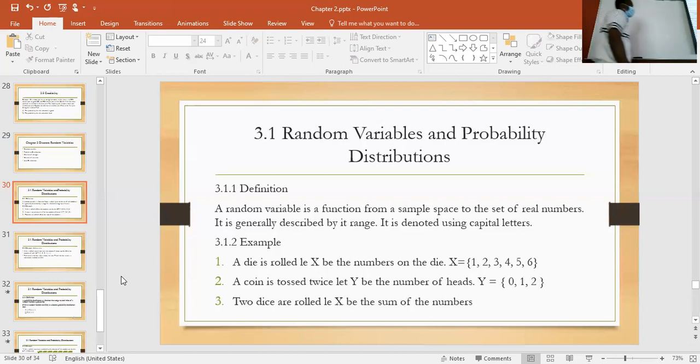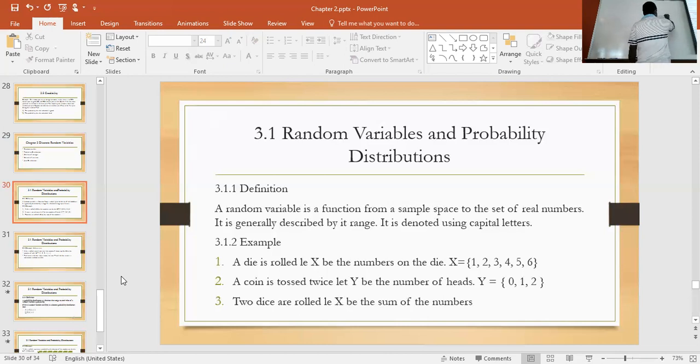A coin is tossed. Let Y be the number of heads. When you toss a coin twice, you have head head, head tail, tail head, tail tail.